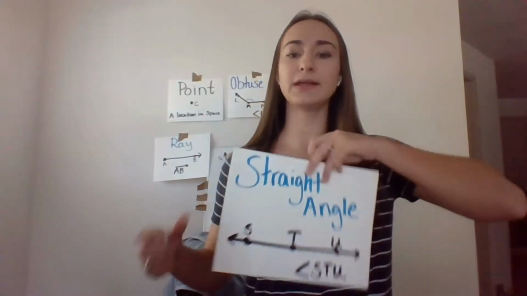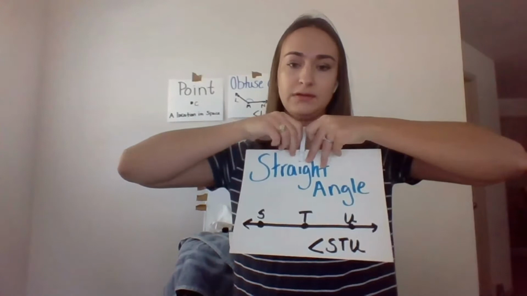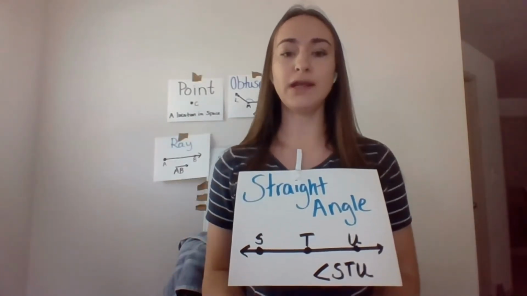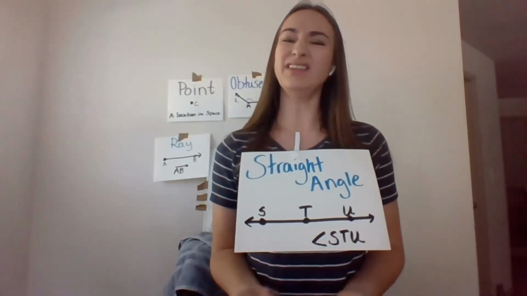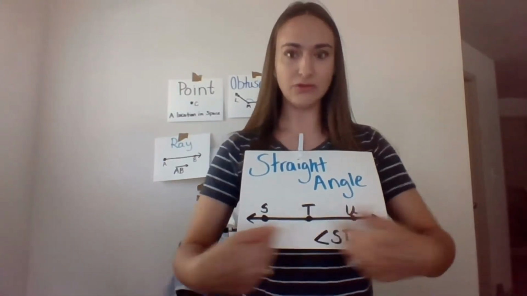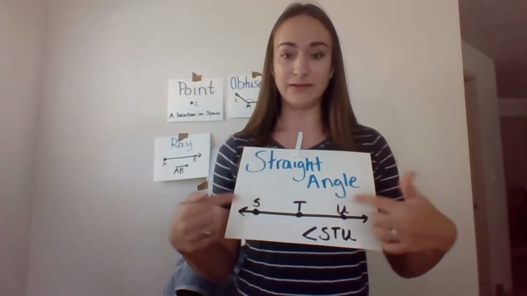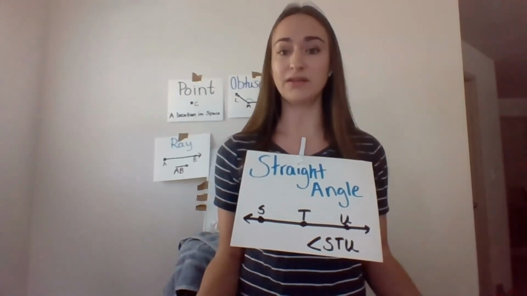The last one is kind of funny, but it's a straight angle. So a straight angle, what does it look like? It looks like a straight line, right? It looks like a line. I got the 2 arrows, and then it's giving me 3 points on the line.